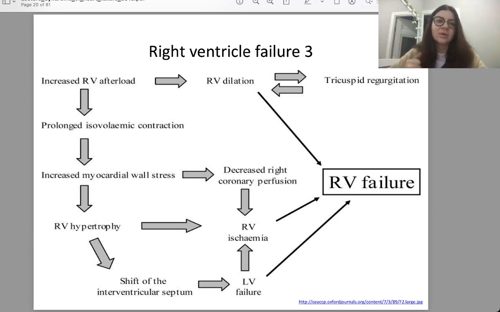In another way, right ventricle afterload leads to prolonged isovolumic contraction and increased myocardial wall stiffness, which results in right ventricle hypertrophy and decreased right coronary perfusion. Right ventricle hypertrophy can cause a shift of the intraventricular septum and left ventricle failure, and altogether it leads to right ventricle ischemia and right ventricle failure.